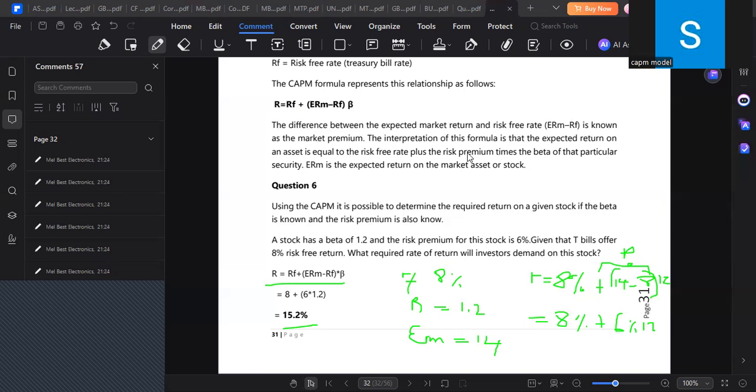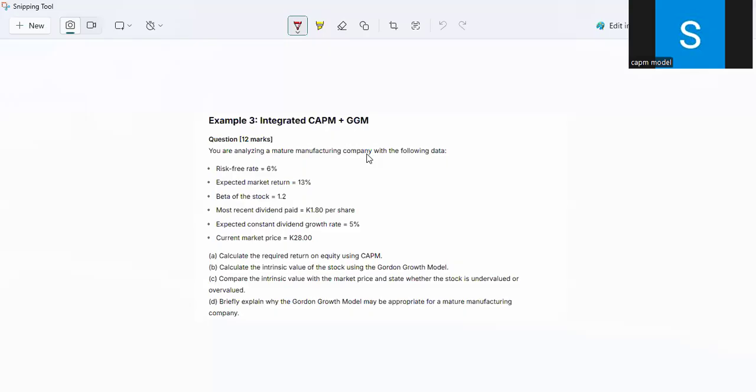With that being said, you're analyzing a mature manufacturing company with the following data. The risk-free rate is 6%, the expected market return is 13%, the beta is 1.2. The dividend just paid now is 1.8, the expected growth is 5%, and the market price is given. So let's calculate the return on equity using the CAPM model. What's the formula of the CAPM model?